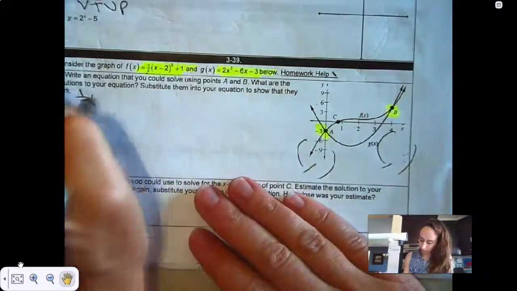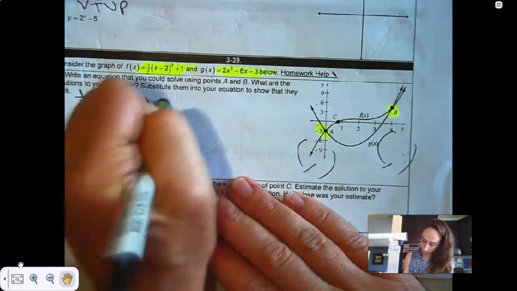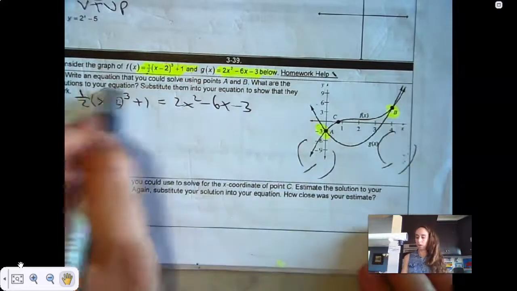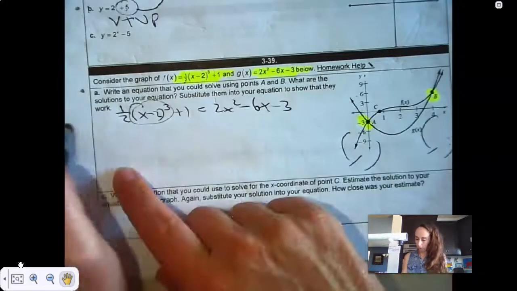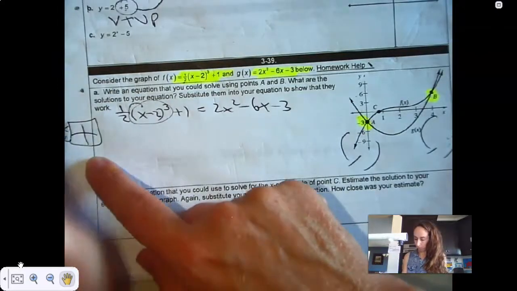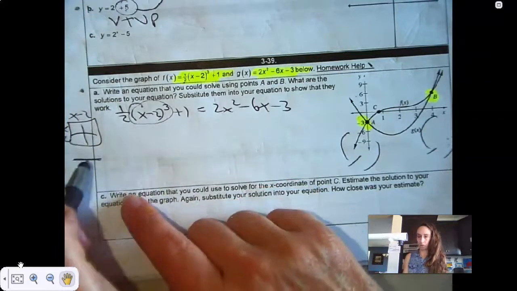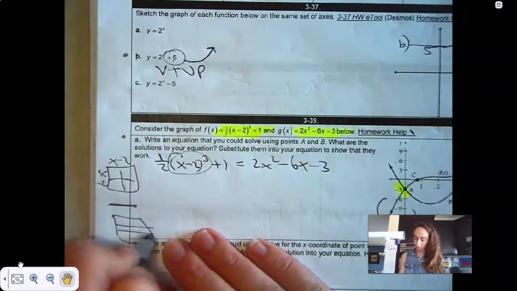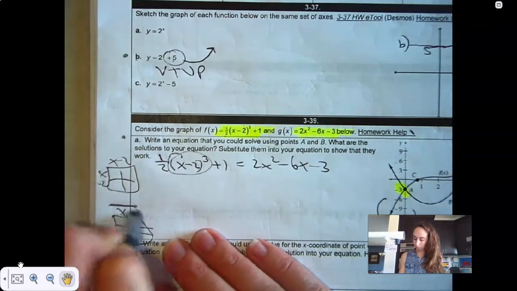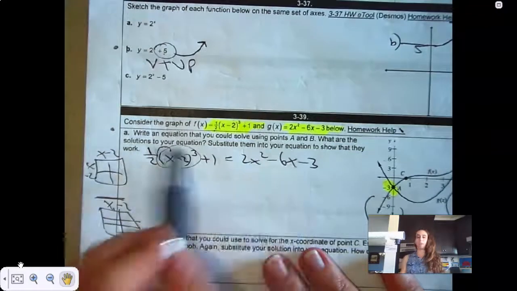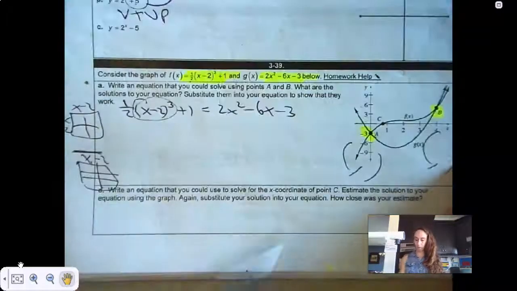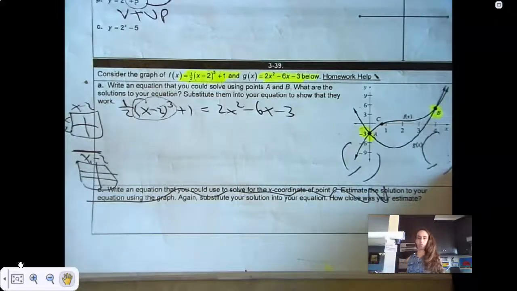So when you do that, it's going to be a little bit of a workout, so just write small. Box this out. Get an answer. And then box that answer out with the x minus 2. And then you'll simplify and move it over. Okay? And I don't care about this. So just solve it, okay?